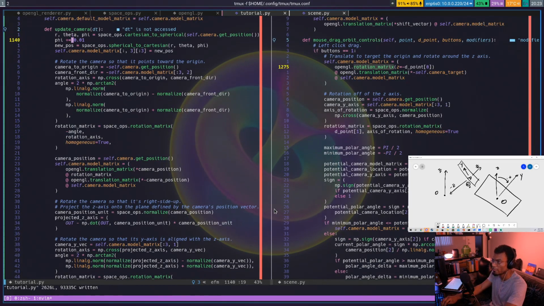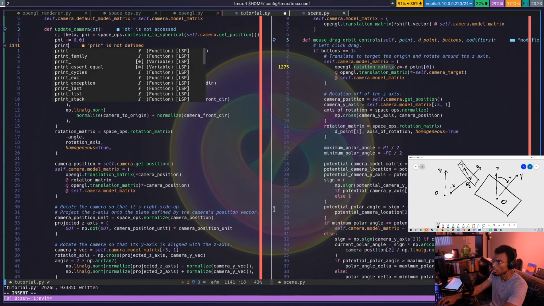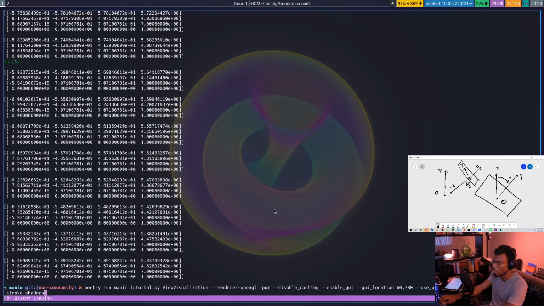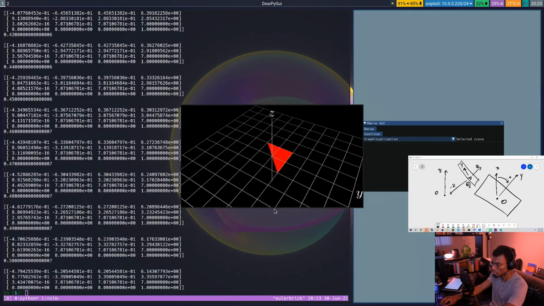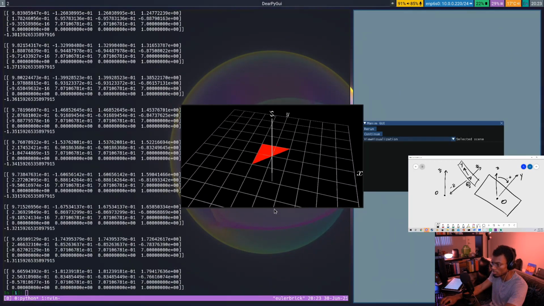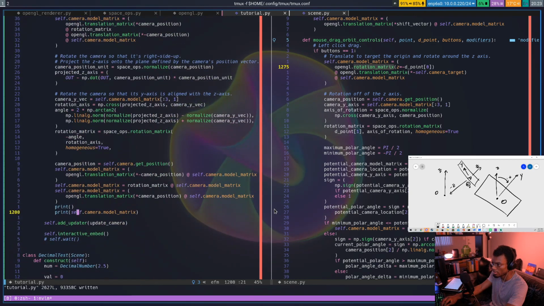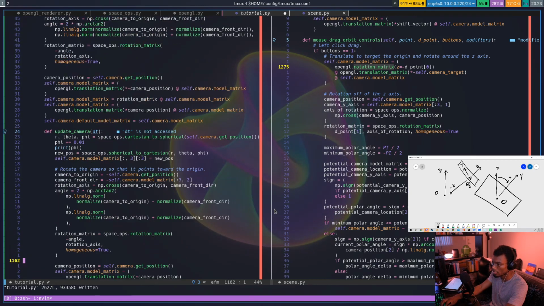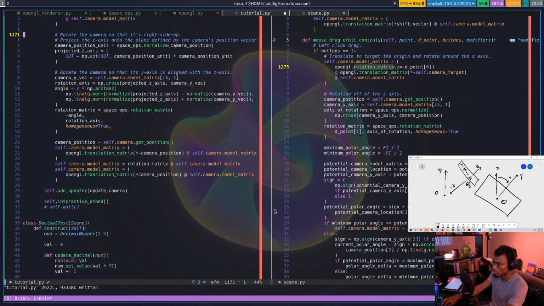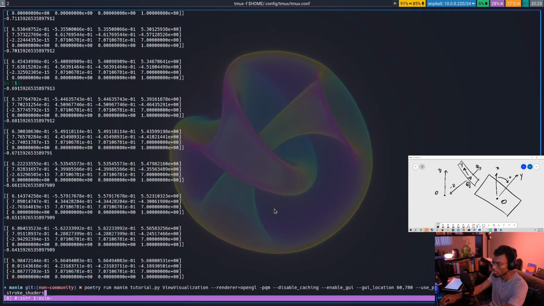Well, I guess the phi. Can we print phi? Maybe this happens when phi gets too large. What happens when phi switches sign? Maybe that's all it is. Let me not print this, print either of those.